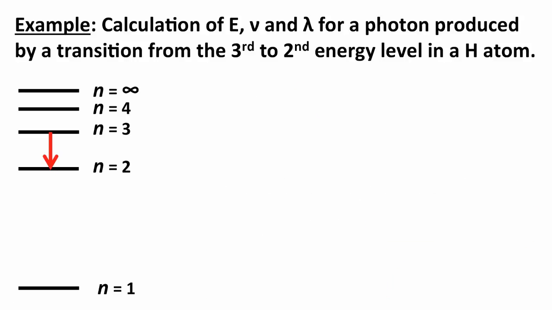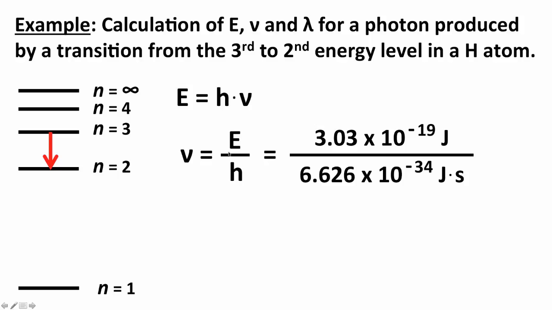Now we'd also like to determine the frequency and wavelength, and notice we have some equations, some relationships that help us here. Energy of a photon is equal to Planck's constant times frequency. So we can solve for frequency equaling energy of photon divided by Planck's constant. And we just figured out that the energy of the photon was 3.03 times 10 to the minus 19th joules.